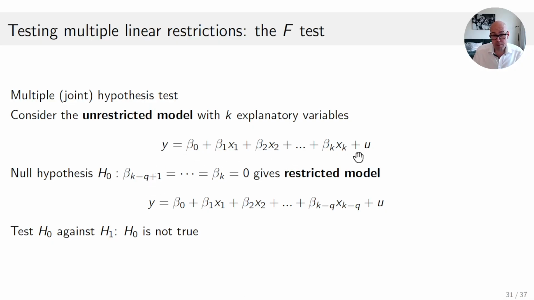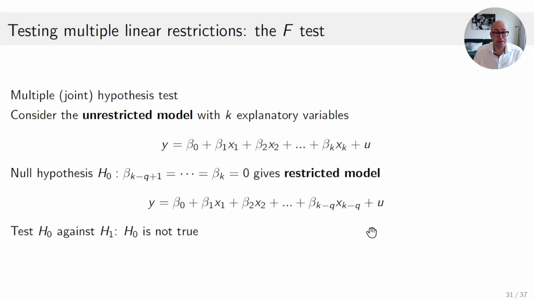So that's just our model with an intercept and k x's, and a null hypothesis that q of these beta coefficients are equal to 0. Okay, so that's going to be the restricted model. I'm not having k x's anymore. I'm having k minus q x's.